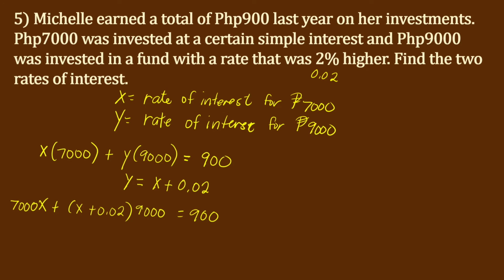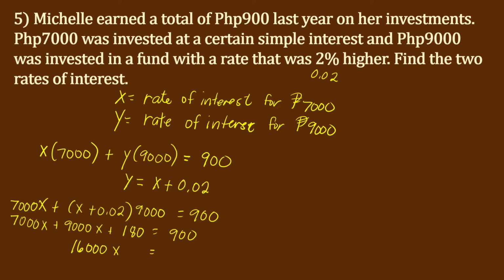Distribute 9,000 pesos to x. Okay? So that will be 9,000x. 9,000 times 0.02. So that will give us 180. 180 equals 900. So 7,000 plus 9,000, that is 16,000x.